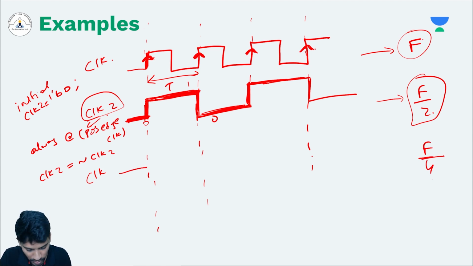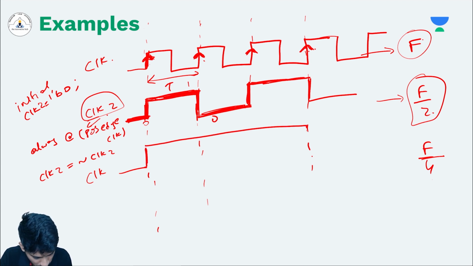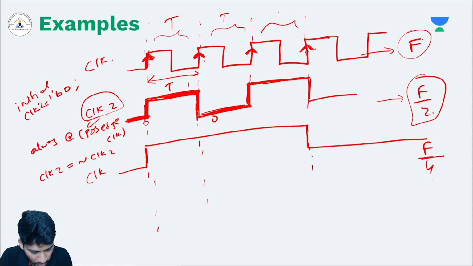In this case you have to count 4 clock positive edges. So the f by 4 clock will look like this, right? Because it takes 4 time periods: 1 2 3 4, 1 2 3 4.